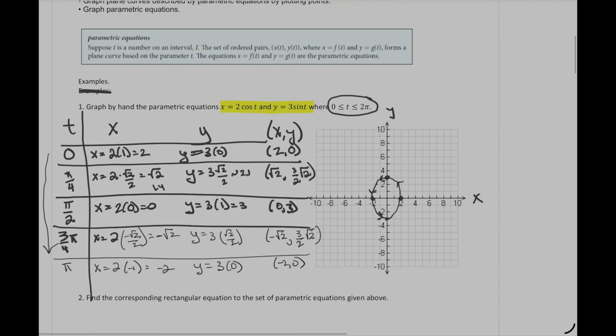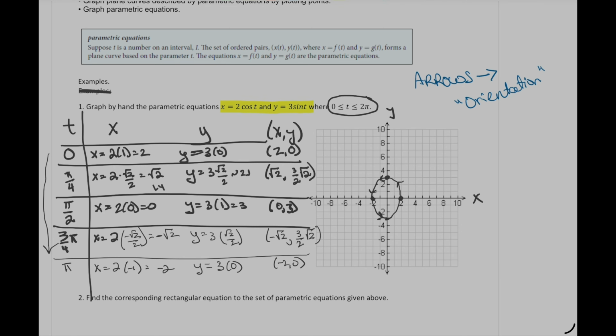Now, I'm gonna come over here. A note in my graphs, and in most of your graphs, your arrows need to represent orientation. Okay, so the direction at which your graph is going with respect to the parameter.